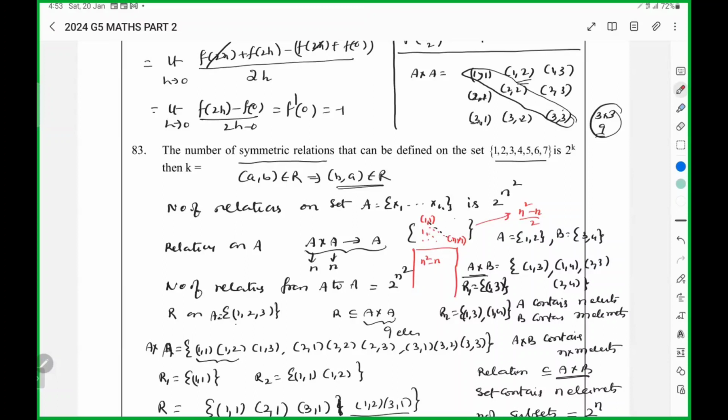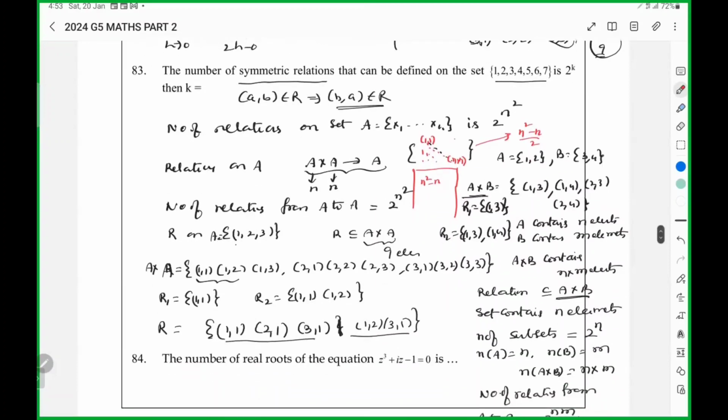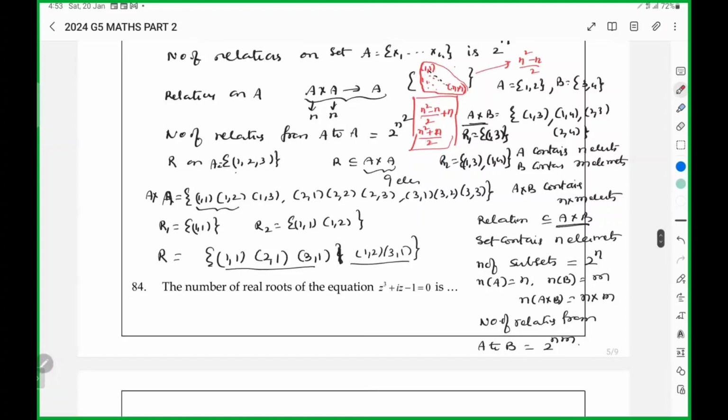So here, now with these elements, how many? (n square minus n) by 2 plus n, that is, n square minus n plus 2n, by 2. With these elements, you select any subset, and you will get a symmetric relation.